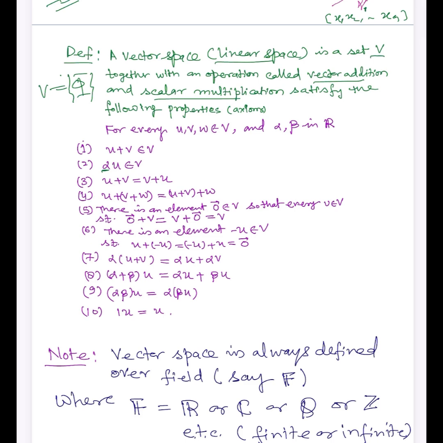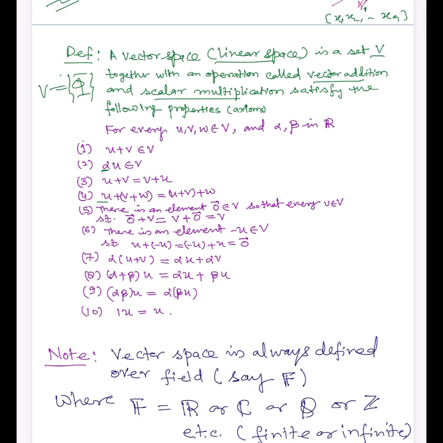Another property, the third property, u plus v equal to v plus u, is called the commutative property. (u plus v) plus w equal to u plus (v plus w) is called the associative property. Then we are able to talk about whether there exists an identity element in that vector space. There is an element, the 0 vector, such that if I add it to the vector v, left or right, I get the same vector.